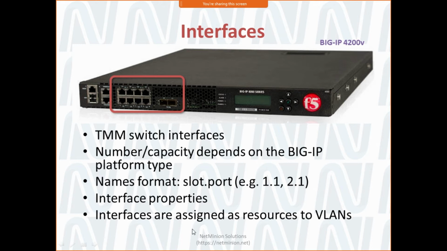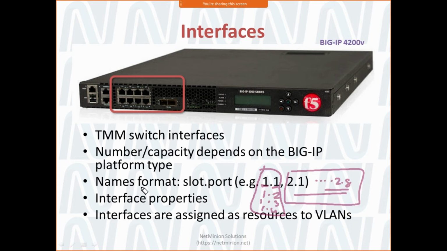So how many slots you have and how many ports per slot, it will be used like that. The naming format is like 1.1. It means first is your slot, second is your port. 1.2, 1.3, 1.4, maybe 4 ports are in the first slot. Maybe there are 8 ports, so it will lead to 2.8 kind of stuff. It will be built like that, and it depends on the device you are using.